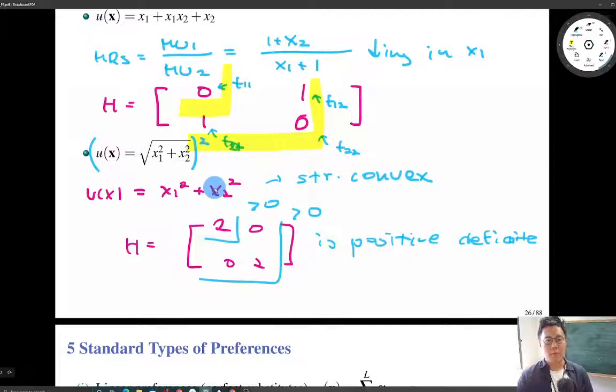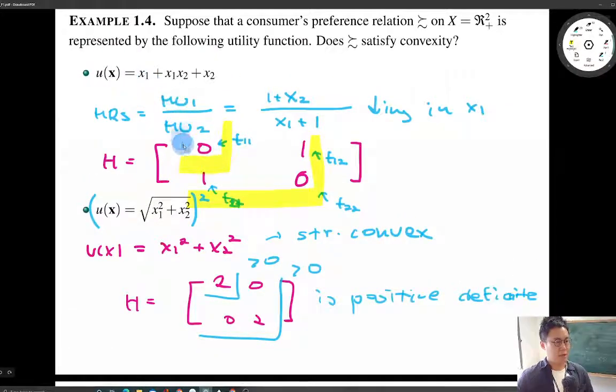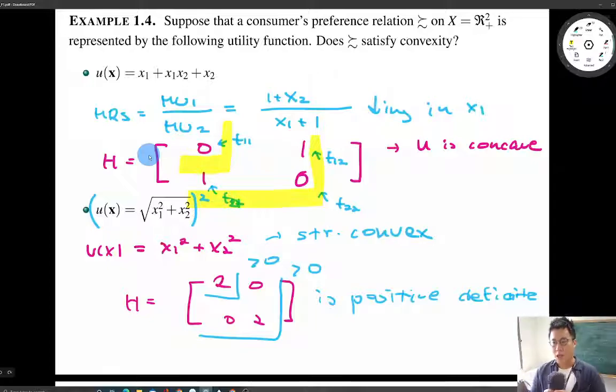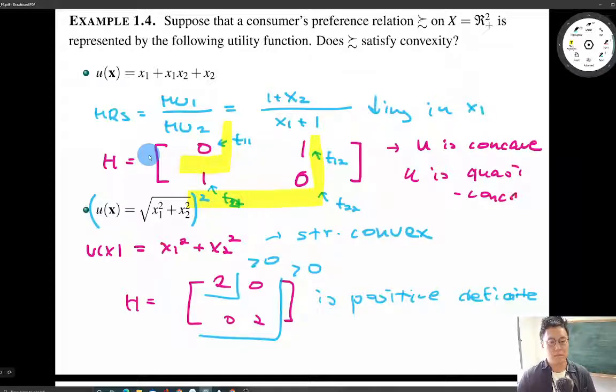Before doing that, let me go back to the previous example. The Hessian matrix turns out to be negative semi-definite. So we can say u is concave, and concavity implies quasi-concavity. So u is quasi-concave, meaning that the preference relation is convex.